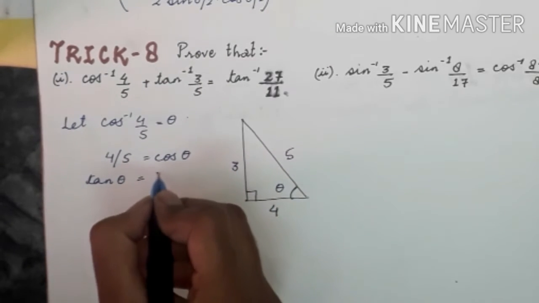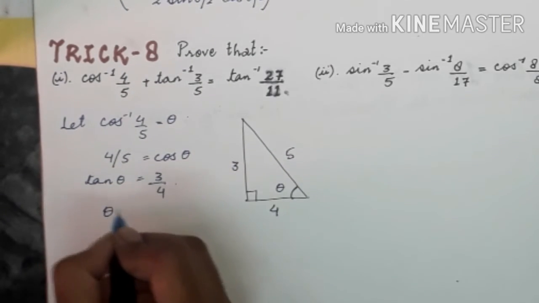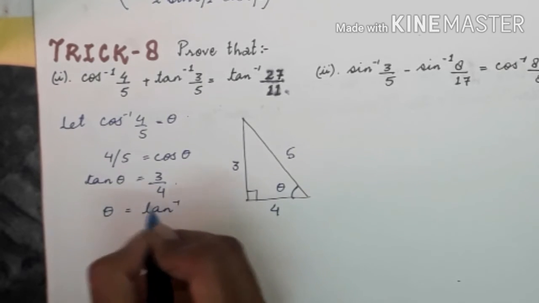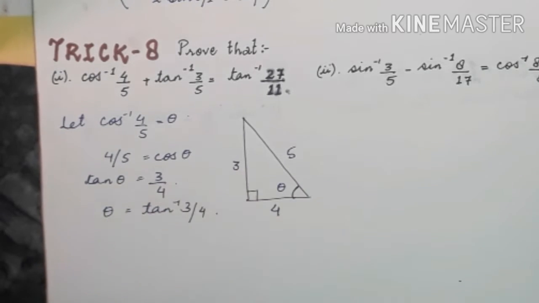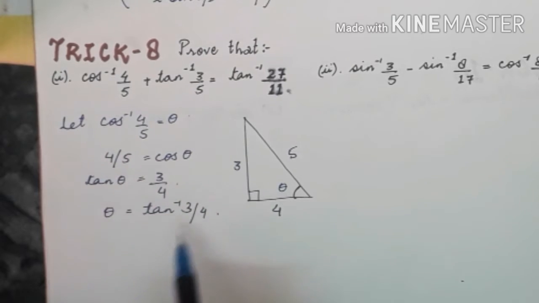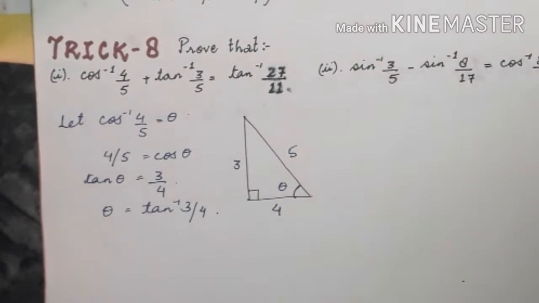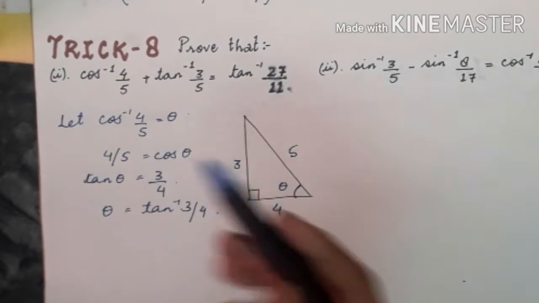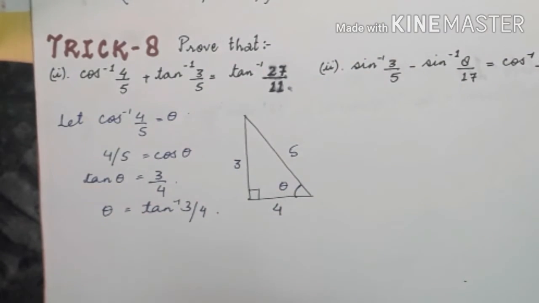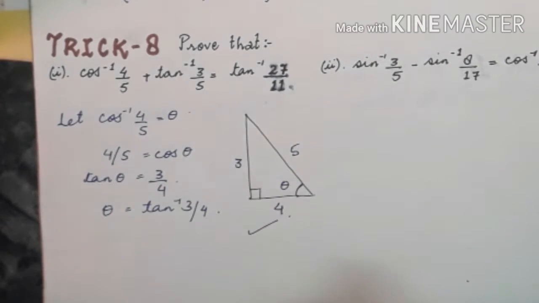It's perpendicular upon base. So theta will be tan inverse 3 by 4. See, theta was this and now theta is in terms of tan inverse. This is the way how you have to convert any inverse trigonometric function that is given. You can convert it into other inverse trigonometric functions by using this triangle method.